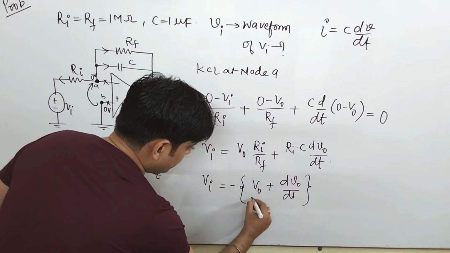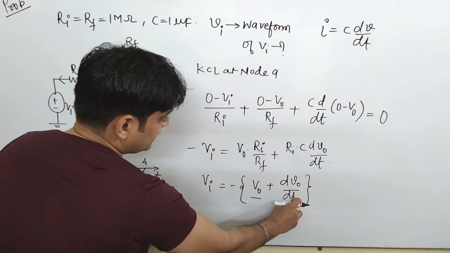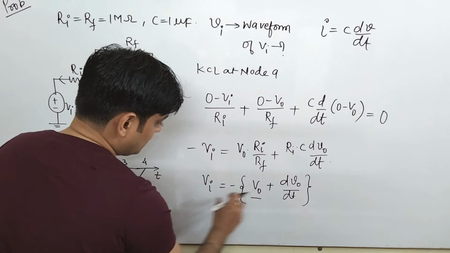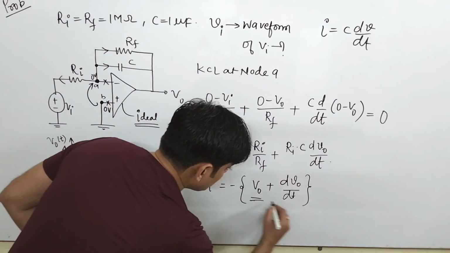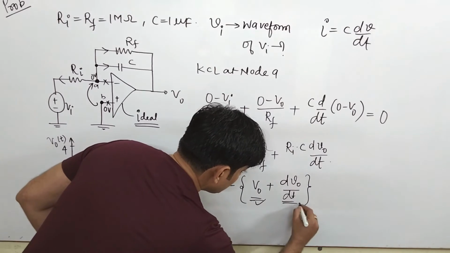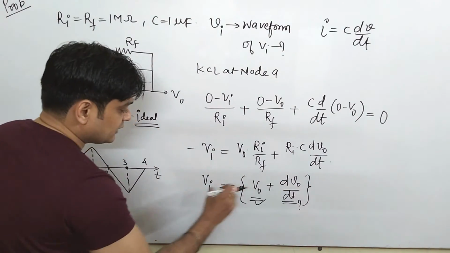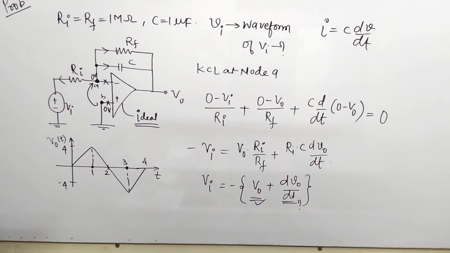So V0 we know, if I find the differential dV0 by dt, one can get the waveform for Vi. Yes, this we know, this we have to find. And with the help of this too we can find the nature of Vi. Very important. Just try to understand the different type of concept.